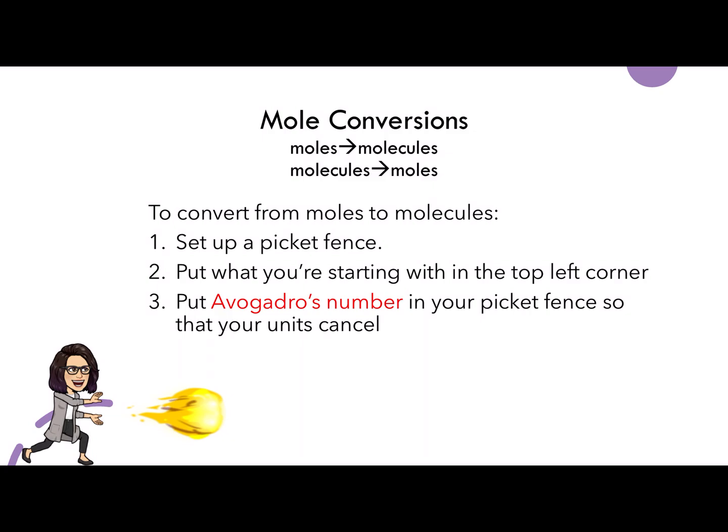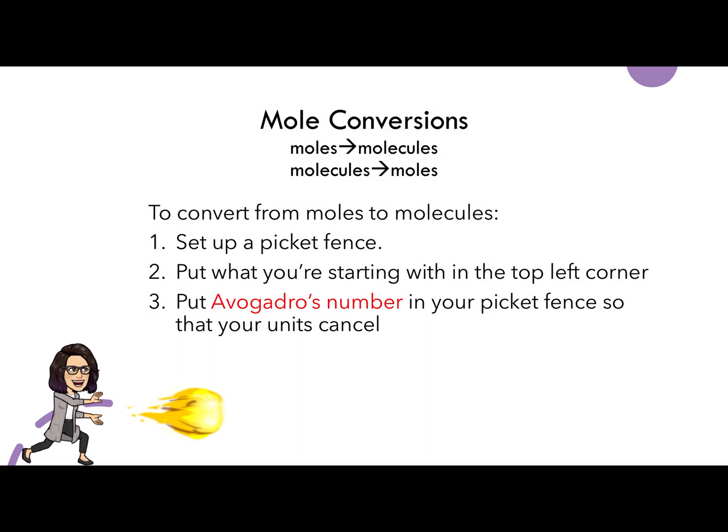All right, so if we're going from moles to molecules, we're going to set up a picket fence, if you like a picket fence, and you're going to put what you're starting with in the top left corner, and you're going to make sure that you put Avogadro's number in your picket fence so that the units cancel.